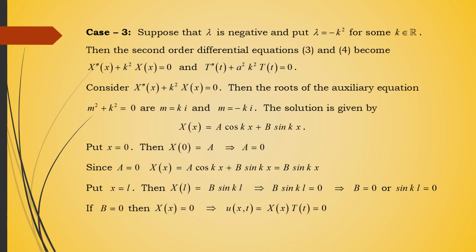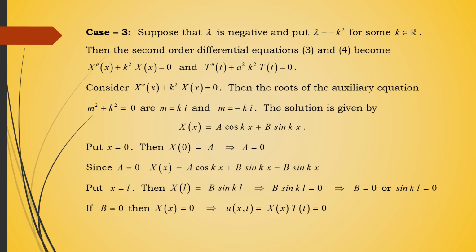Now we substitute lambda equals minus k square in our first differential equation X double dash of x minus lambda X of x equals 0, which was our equation 3. If we put lambda equals minus k square, our equation 3 becomes X double dash of x plus k square X of x equals 0.